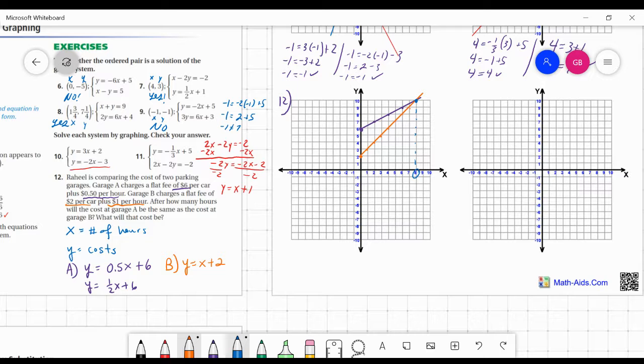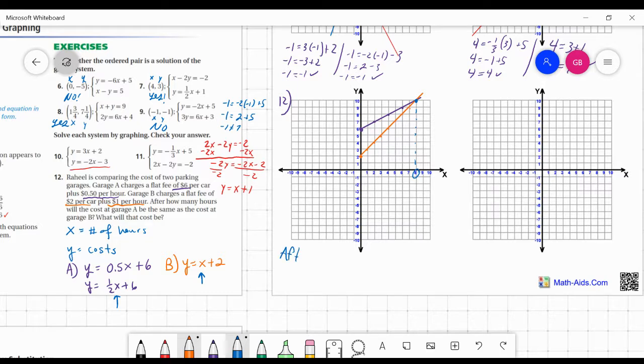It looks like it's going to be after 8 hours. What would the cost be? To figure out the cost, let's plug in 8. If we plug in 8 here, 8 plus 2 is 10. If we plug in 8 here for x, half of 8 is 4, and 4 plus 6 is also 10. So the cost will be $10.